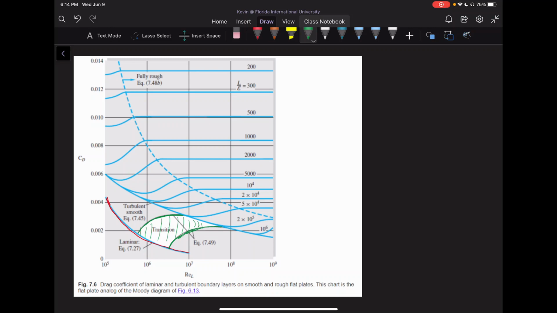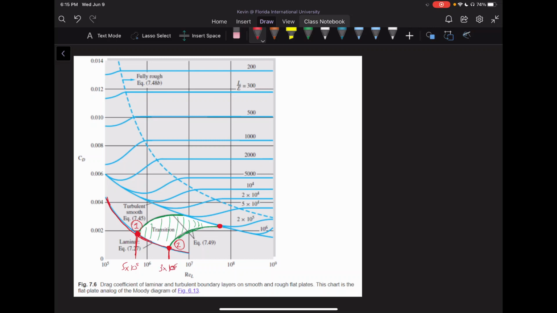But we can know that transition will always occur between this leftmost point here, which is 5 times 10 to the 5, and our rightmost point, which is somewhere here. In general, we say that the start of transition occurs between this point, 1, and this point, 0.2, and this 0.2 is thought to be at 3 times 10 to the 6.